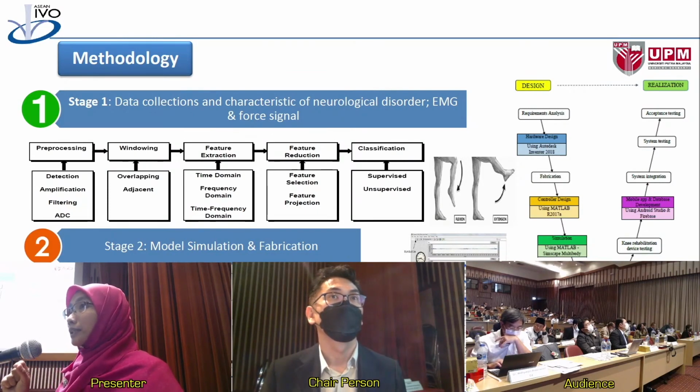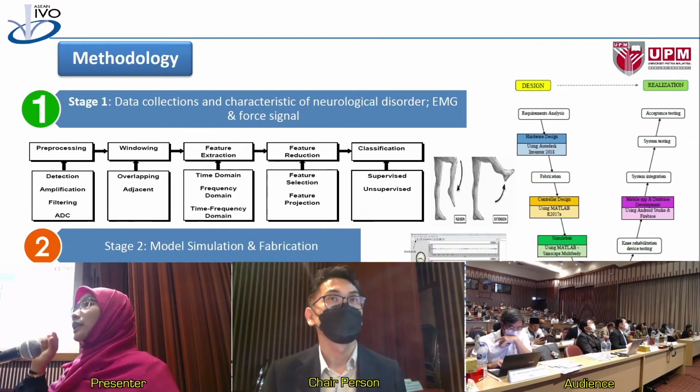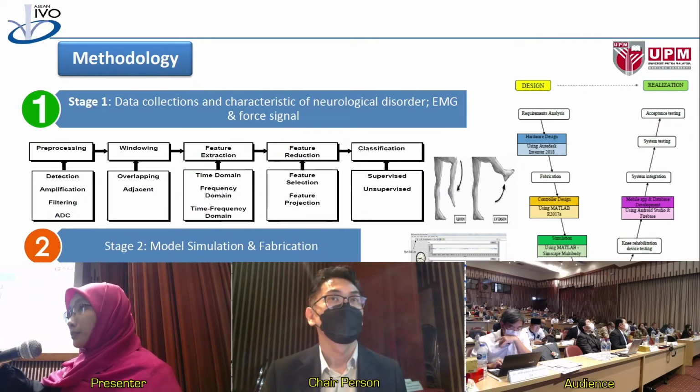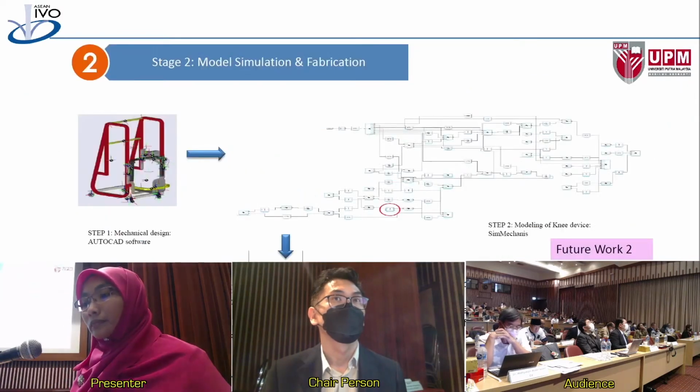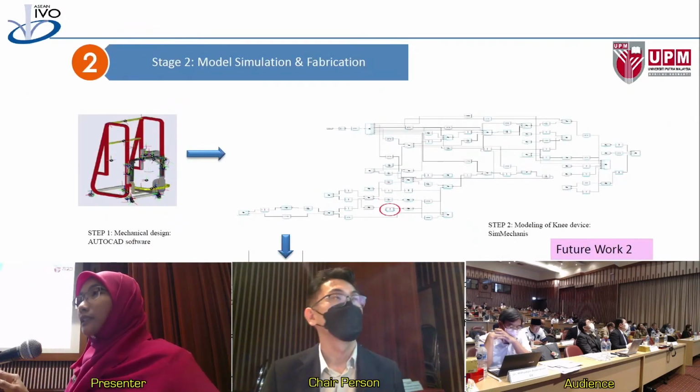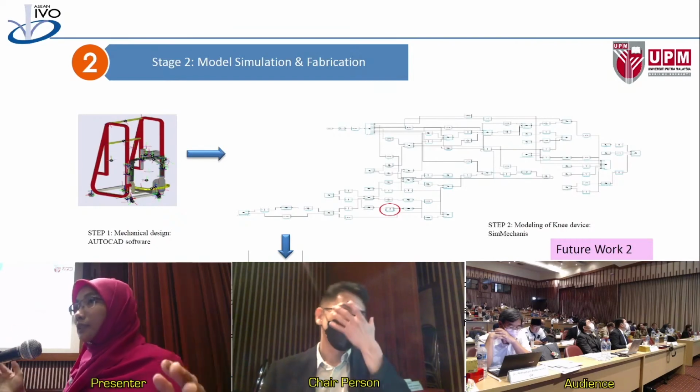So we apply the PID, and then we can map the signal pattern from the EMG and the force, whether they have a different percentage. So that is the difficulty. So why implement the EMG? As you can see here, the EMG signal before and after.